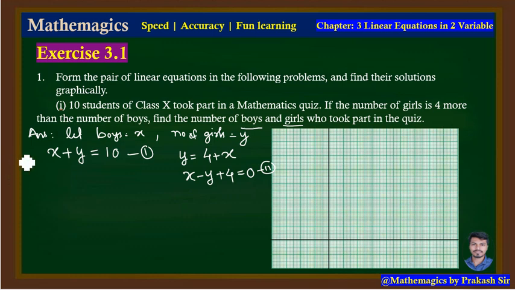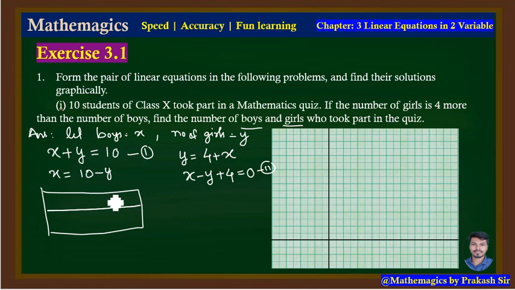So let us start. The first one is x equal to 10 minus y. And with the help of this, we are going to find out certain coordinates. So let us have a look. x and y. As we know that it is going to form a straight line, minimum two observations or two coordinates we are going to take, so that with the help of both the points we can prepare a straight line.